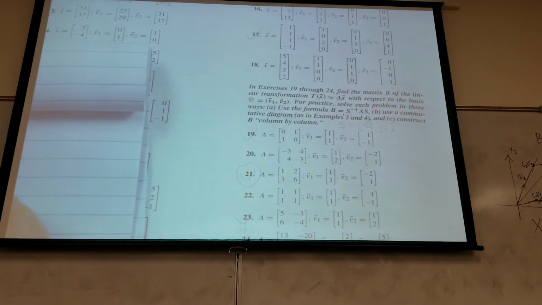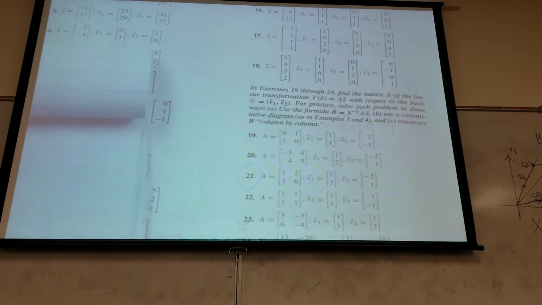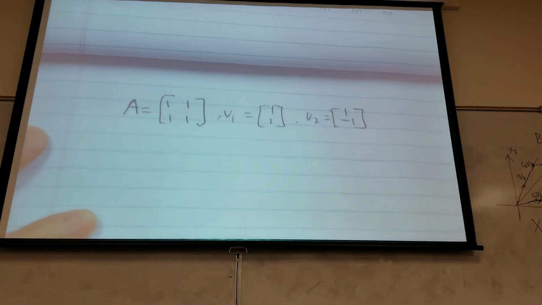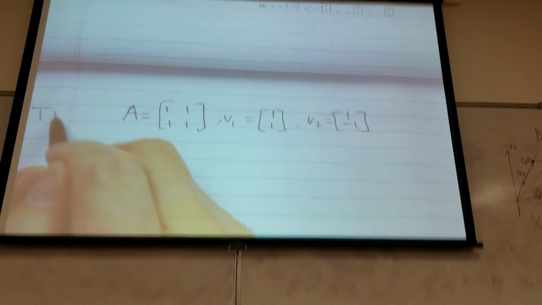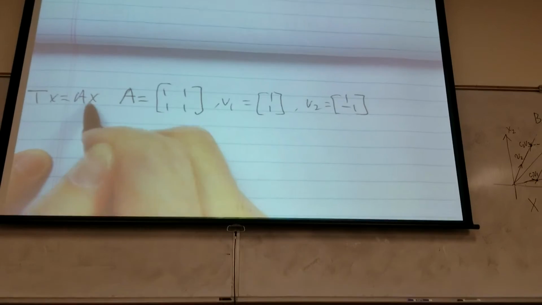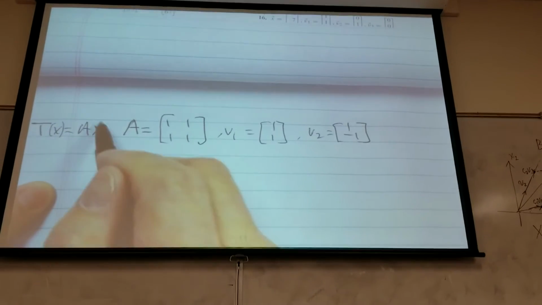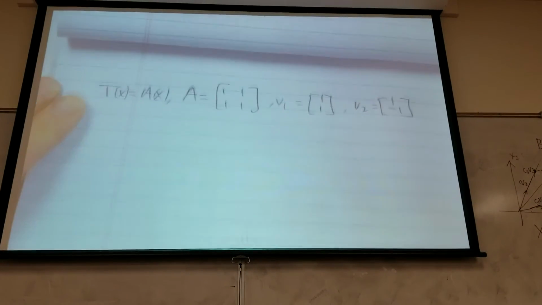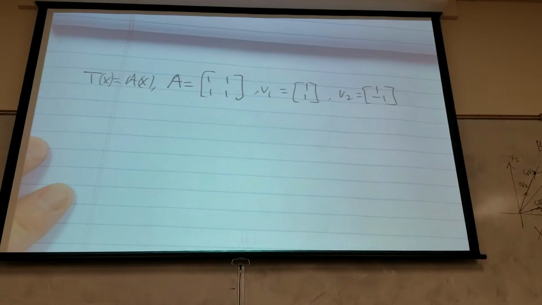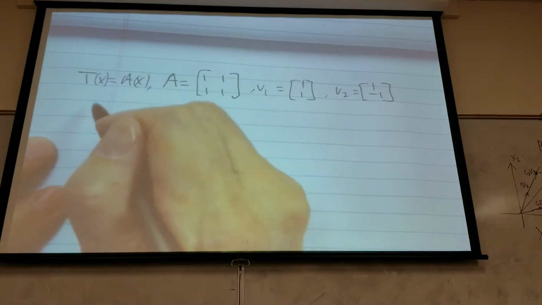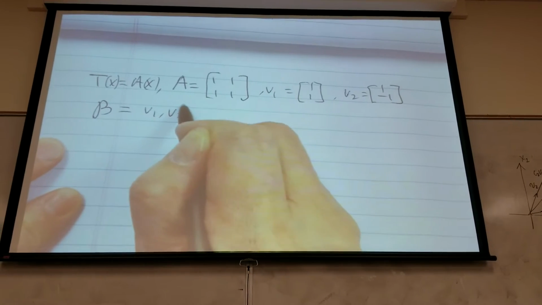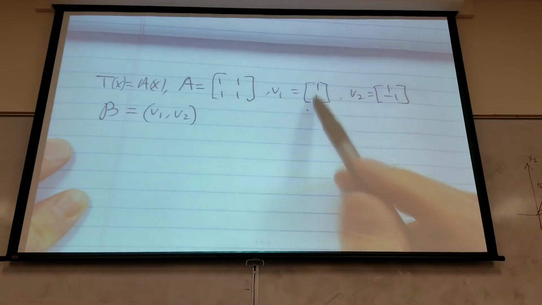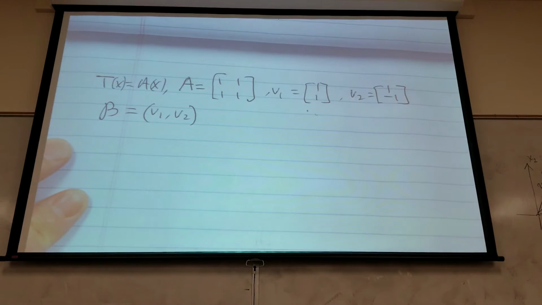V2 is 1, minus 1. Okay, so here is the problem. We have a T, Tx equals Ax, where this A is the matrix 1, 1, 1, 1. Then we have a basis, v1, v2, right? v1 is 1, 1, v2 is 1, minus 1.